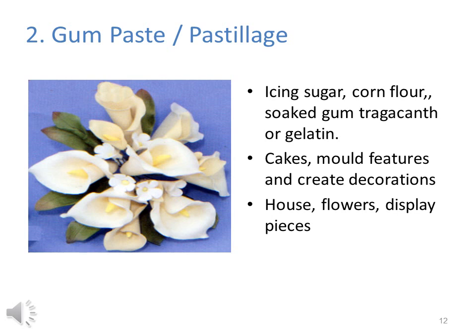Sugar paste is sometimes referred to as gum paste. It can be used to cover cakes, mold features, and create decorations for cakes and many other uses. During use, it must be kept covered with a damp cloth or plastic cover because it dries out rapidly.